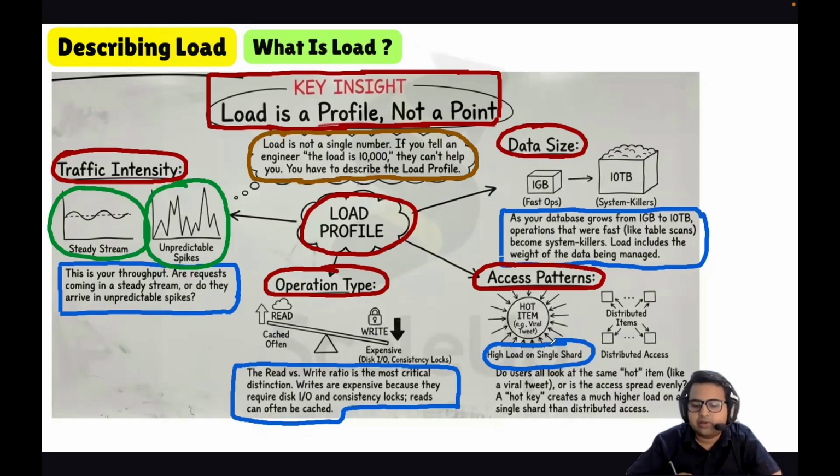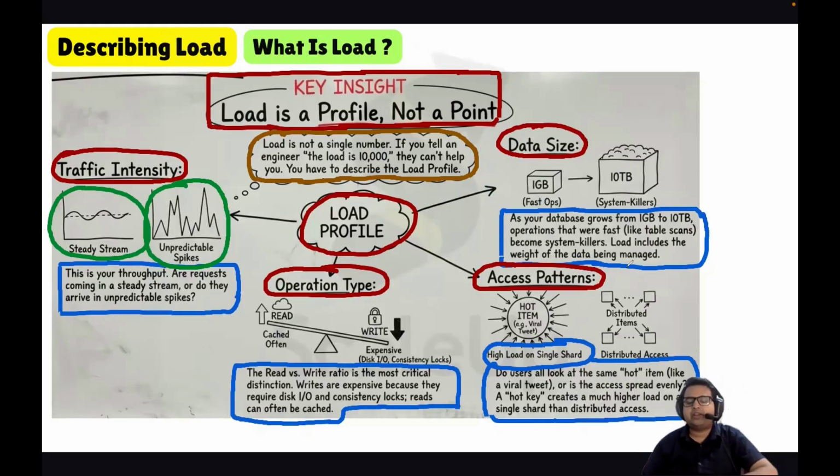Whereas if the load is spread evenly, it is different. A hot key creates a much higher load on a single data item or single shard rather than distributed access. So access patterns also play a role.